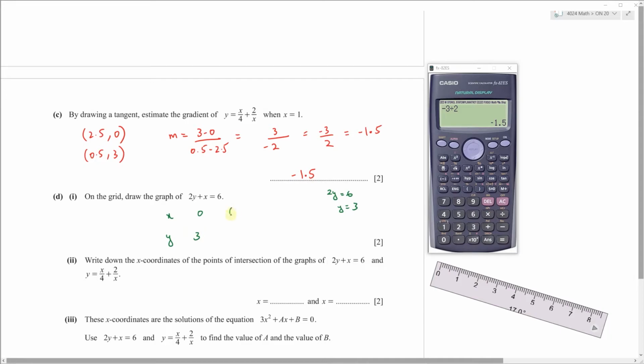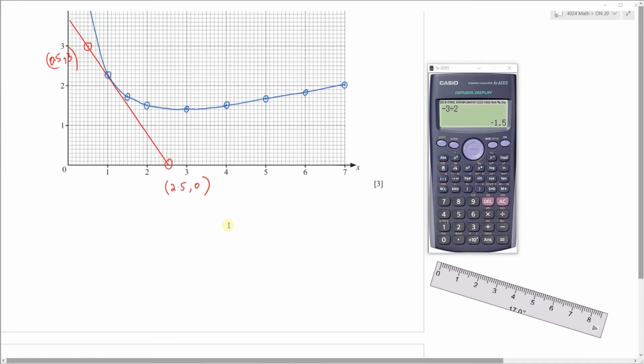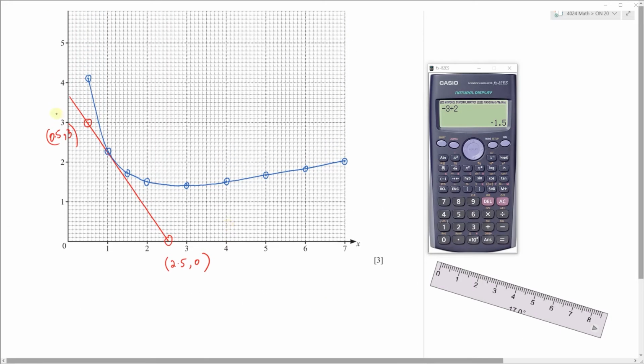And let's take x equals 6. My axis goes up till 6. So x equals 6 means 2y plus 6 equals 6. So 6 minus 6 will be 0. So y will be 0. So when x is 6, y is 0. So I have 2 points now, (0, 3) and (6, 0). So (0, 3) will be this point here and (6, 0) will be this point here.